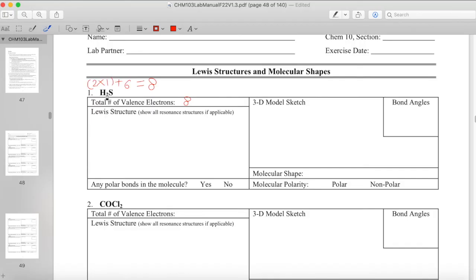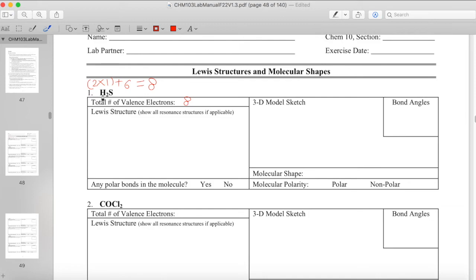All right, now when we're starting off here, you want to pick your central atom. Typically, your central atom is the first element listed. However, if your first element listed is hydrogen, that can never be your central atom. As I mentioned, hydrogen only forms one bond because that's the room it has for the number of electrons it can use.